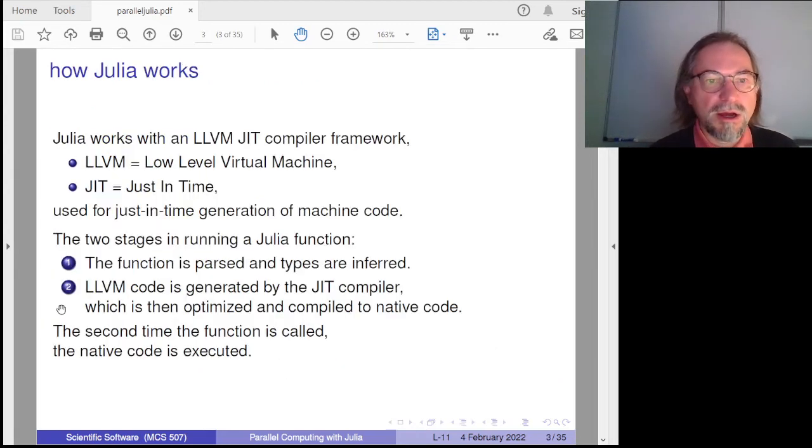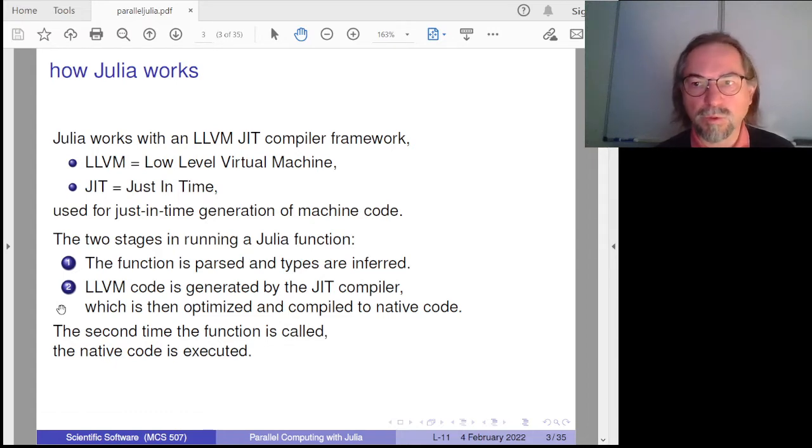So, Julia generates code, and there are several stages.